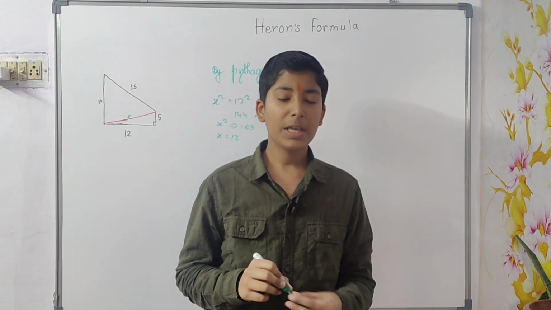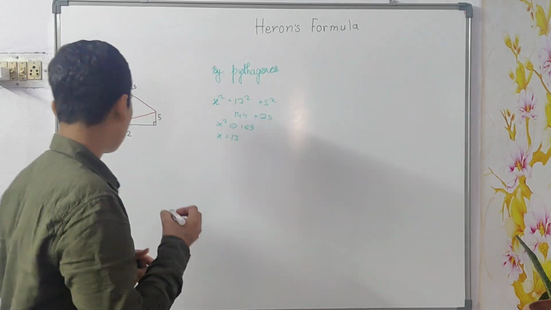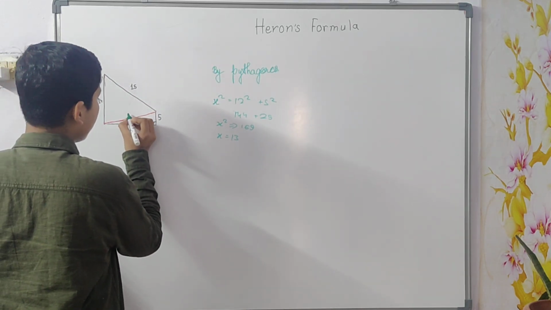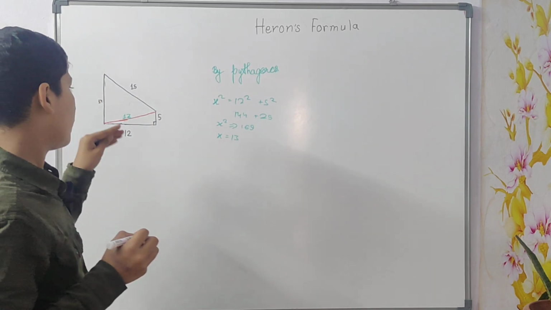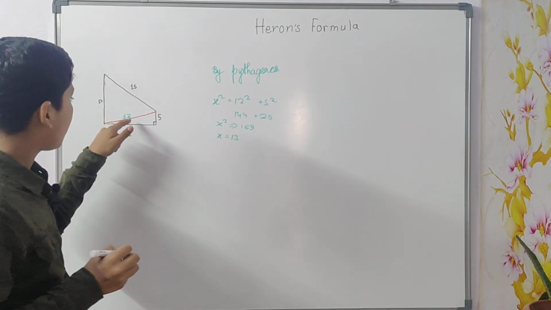Okay, you know the Pythagoras theorem, what it is. So now it will be 13. Now we have found it is 13.